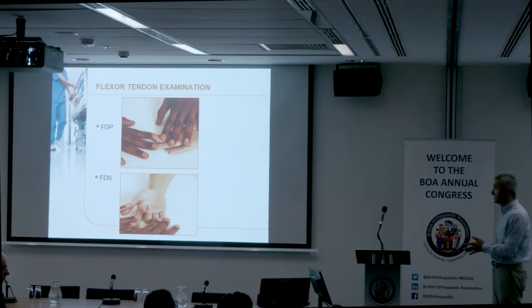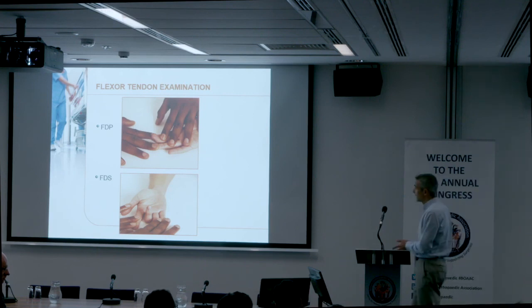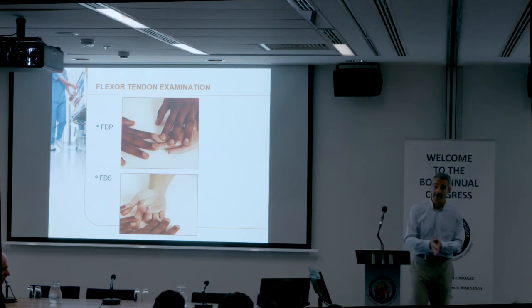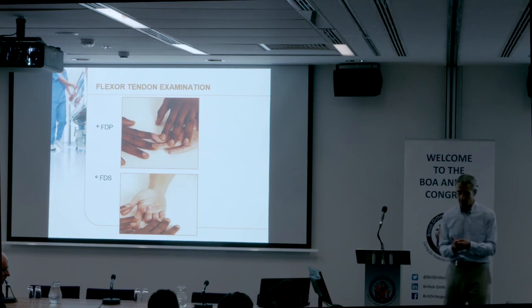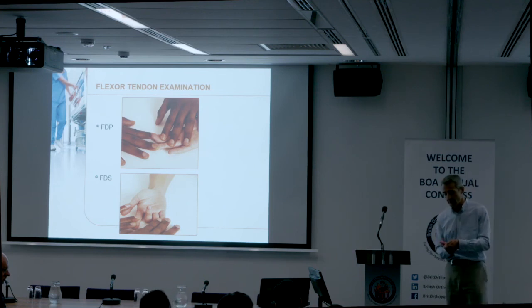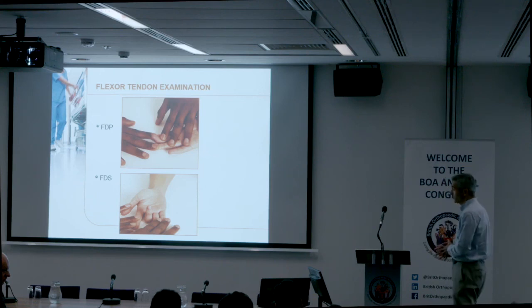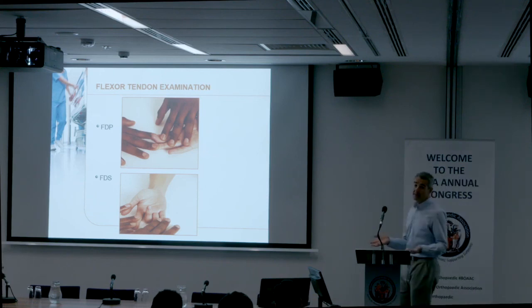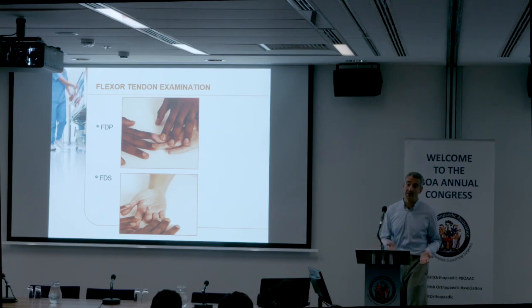Well, you suspect a tendon injury, don't you? So we need to be able to assess FDP and FDS. FDP is easy because all we have to do is isolate the DIP joint and ask the patient to flex that joint. FDS is a little bit more difficult because FDP would flex the PIP joint.